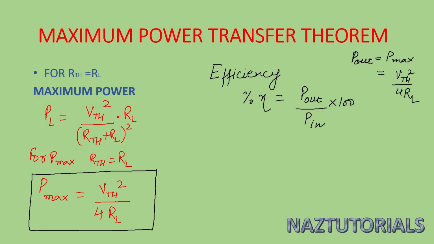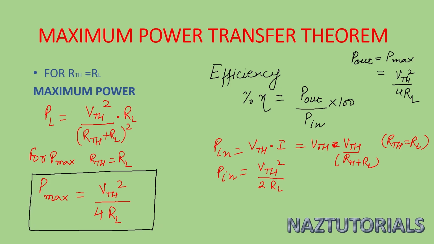For input power, our source voltage is VTh and our input current is I. So the input power is defined as VTh into I, and this I is VTh divided by RTh plus RL. Here we sustain our maximum power condition, so we put RTh equal to RL and calculate our input power. So our input power will be VTh square divided by 2RL.